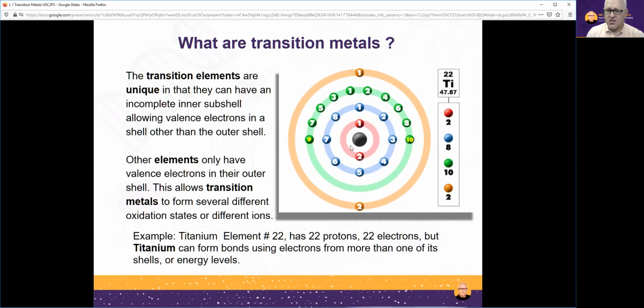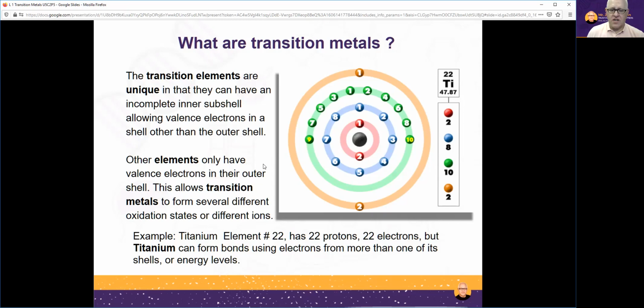In that first energy level, as you know, it can hold 2 electrons. In the second ring, it can hold 8. This third ring here can hold up to 10 on a transition metal. And then this outer one is holding upwards of 2, and this happens to be for titanium.